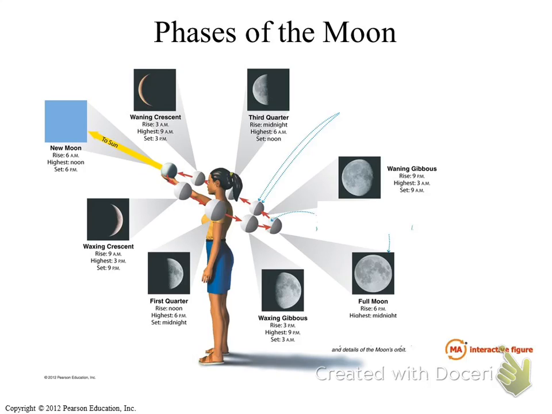It doesn't rise until midnight. Why? Because as the Earth spins, it has nighttime over there, and it has to swing around until it can finally start to see the moon rise. So that's why I gave you those hints on what time of night to look for the moon.